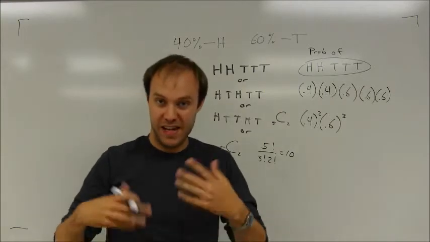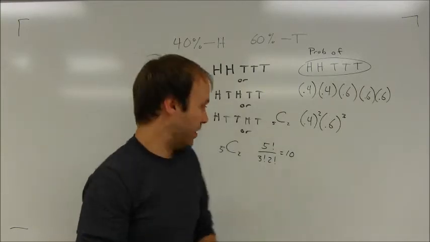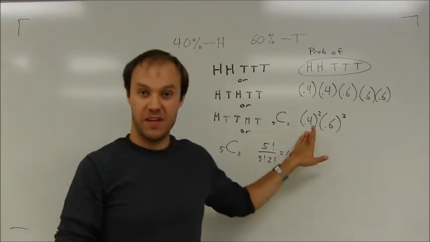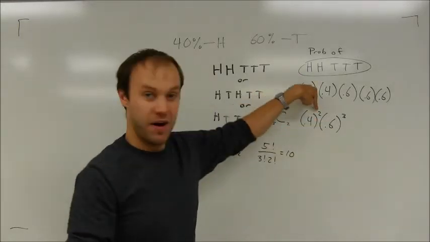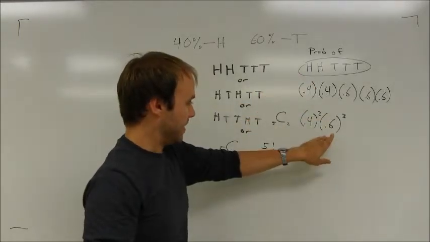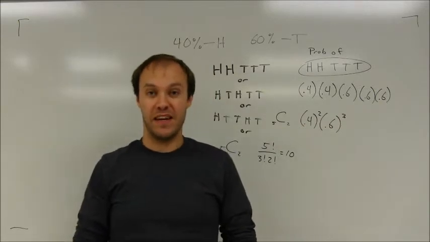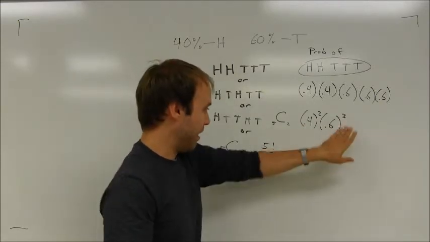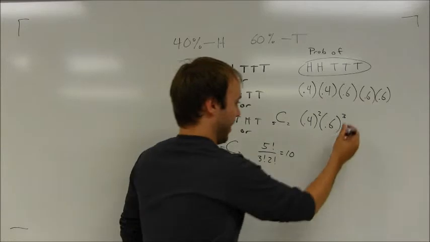So what I end up getting here is the combination of however many repetitions I have, the number of times that I take is the number of successes I want, times the probability of the successes taken to the power of how many you want, times the probability of the failures taken to the power of the number of times that you want that.